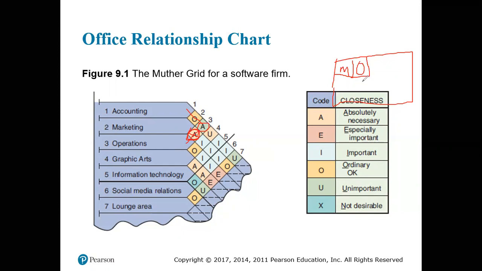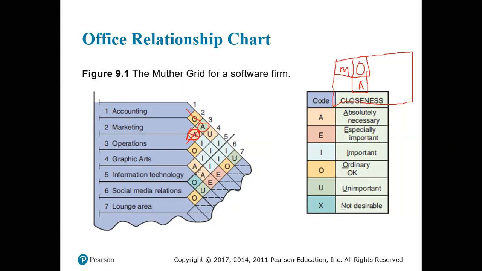So I'm going to maybe put accounting here, bring the tables and all that and put them next to operations. Do we have any other A's? Whenever you're putting the Muther grid together, you start off with all your A's and make sure that your A's are side by side or attached to each other before you move on to any other letter code.